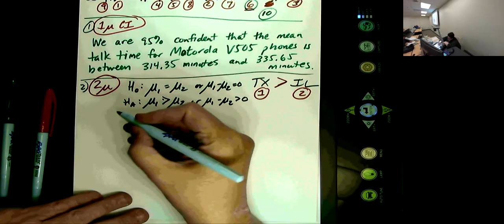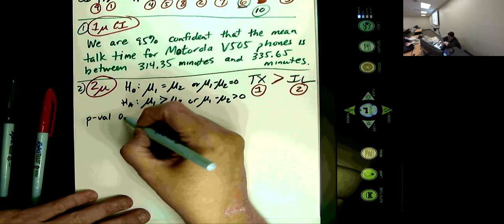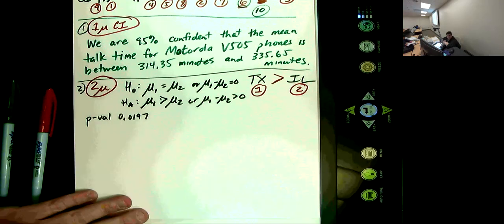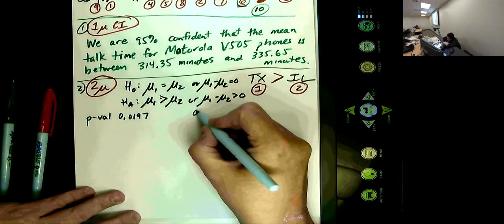It gives me a p-value of 0.0197. And it tells me alpha equals 0.05.